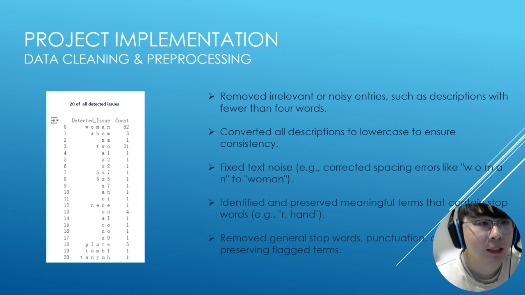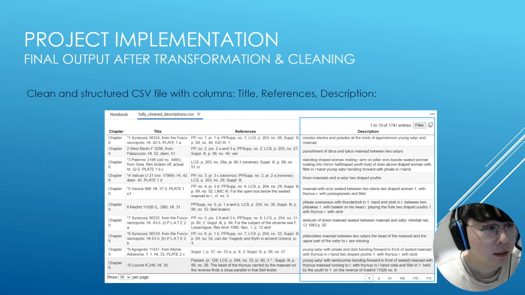Additionally, we identified and preserved meaningful terms that include stop words, such as R stop words hand, which refers to right hand. Finally, we removed all general stop words, punctuations, and other noises, and also ensured the important terms were preserved. This slide shows our fully cleaned output.